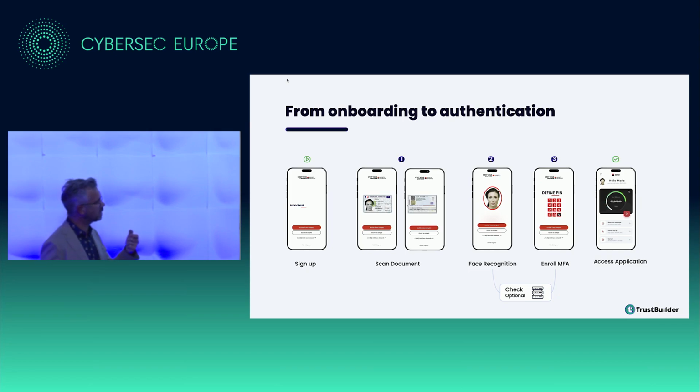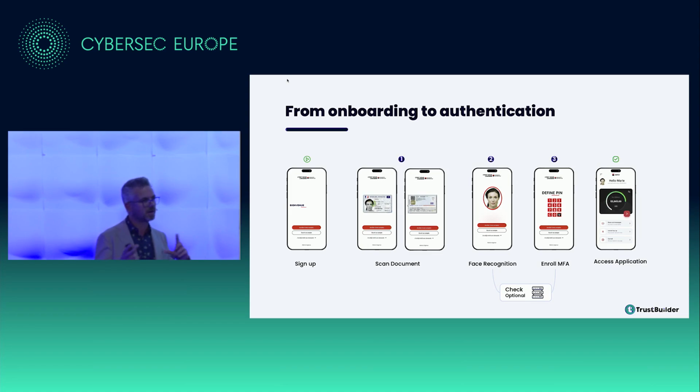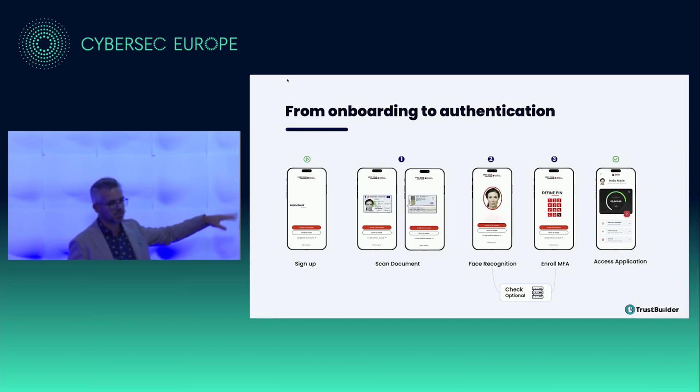Then take a selfie. You have to do some face movement to see if it's a live picture, and also to counter AI attacks with facial replacement. Then optionally we can do all the checks, the security checks, the KYC checks, and so on.